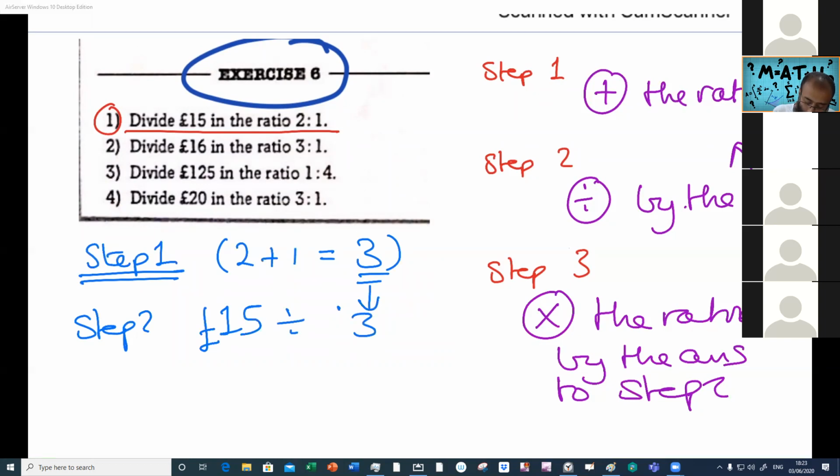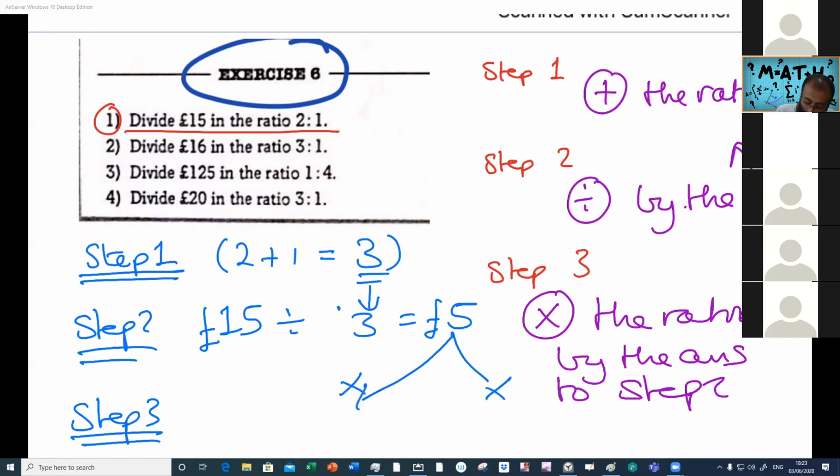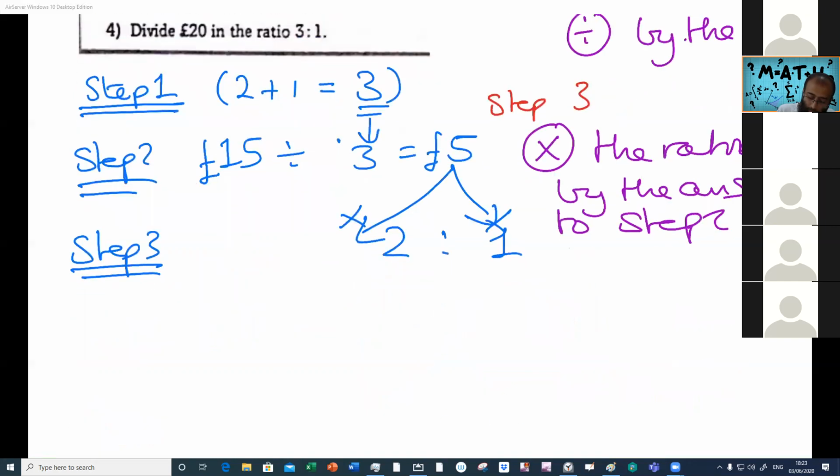So in this question, it's 15 divided by 3, which is £5. Then in step 3, you have to times the ratio by the answer to step 2.